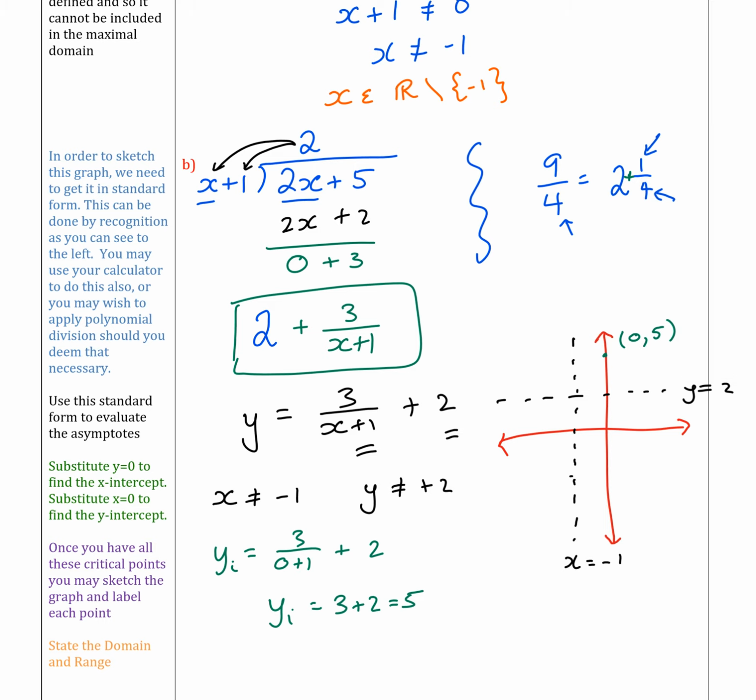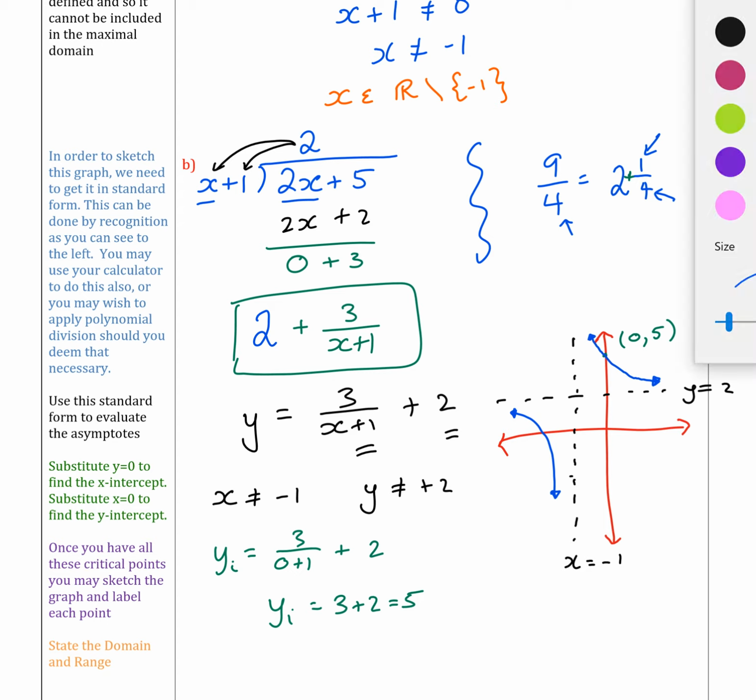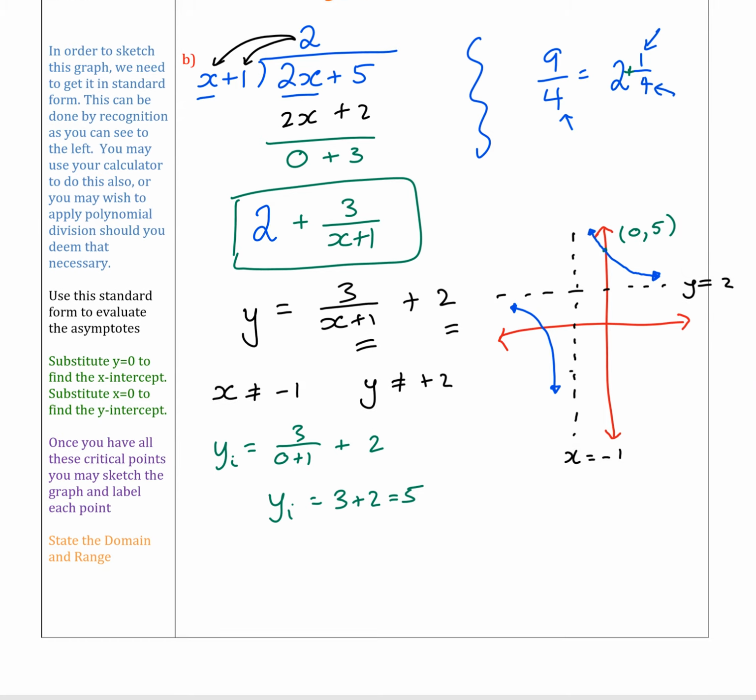Now I can see the shape of this should look something like this. And that means that the reflection should look like this, and there's certainly going to be an x-intercept. In order to find this x-intercept, we'll let y equal 0. So 3 over my x-intercept plus 1 plus 2 equals 0.